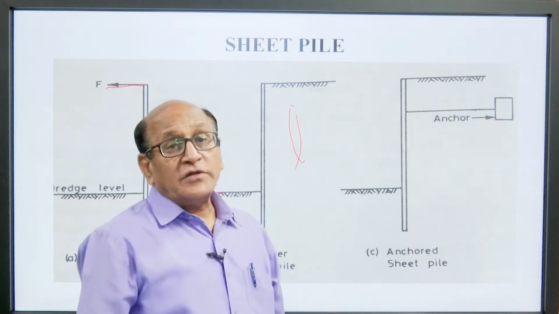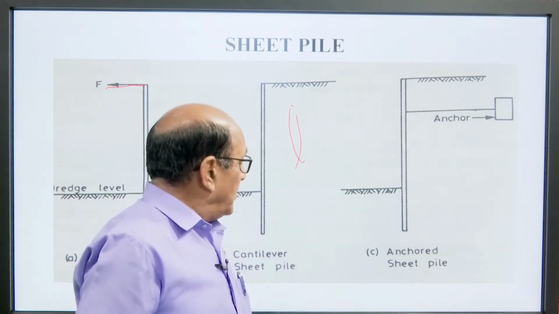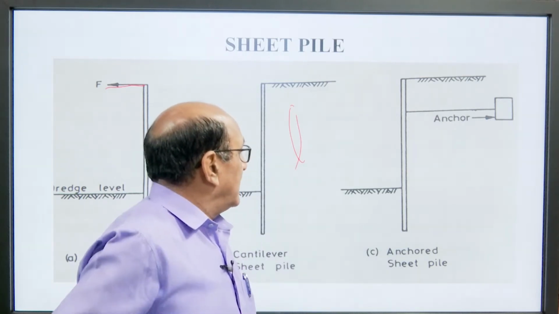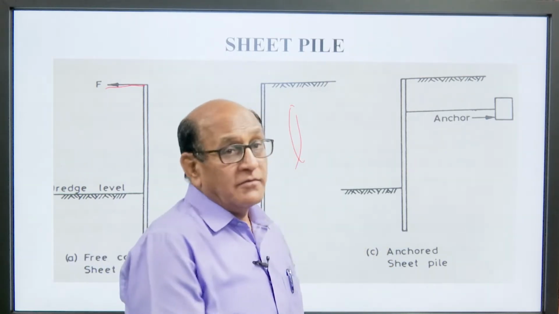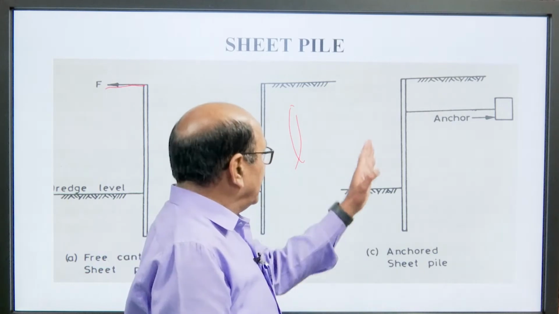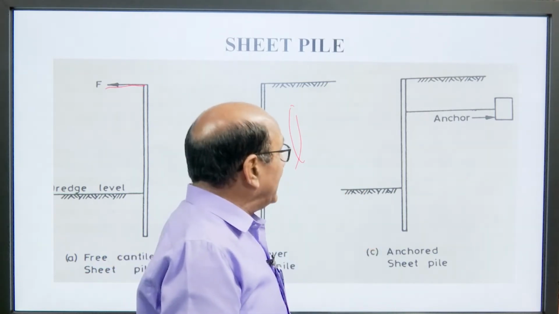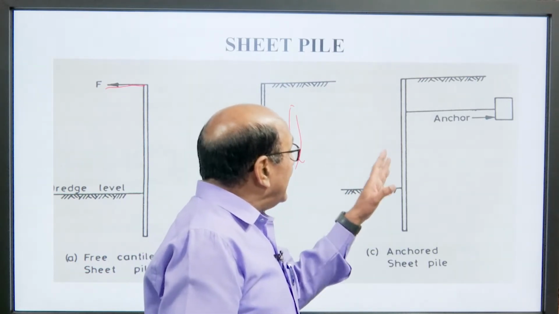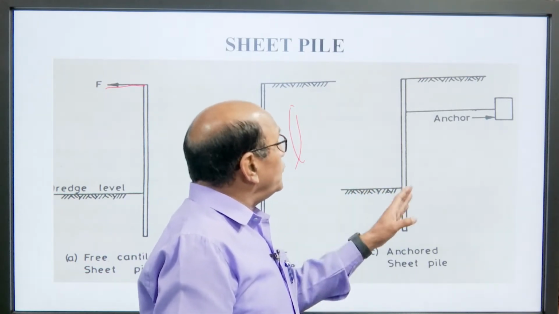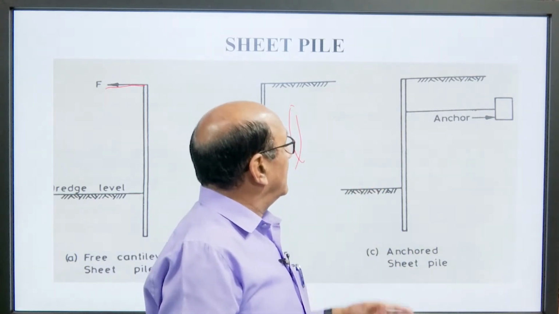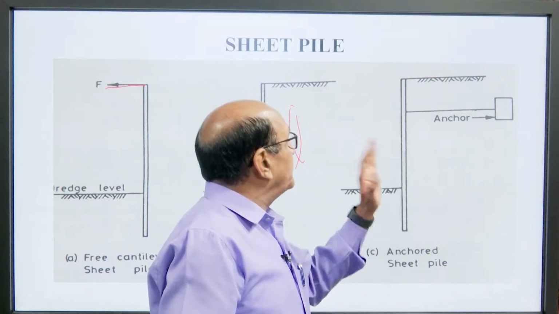Now, for better workmanship, anchored sheet pile is used. This is the dredge line, the pile is sunk below the dredge line and they are used to protect the backfill from the pile.